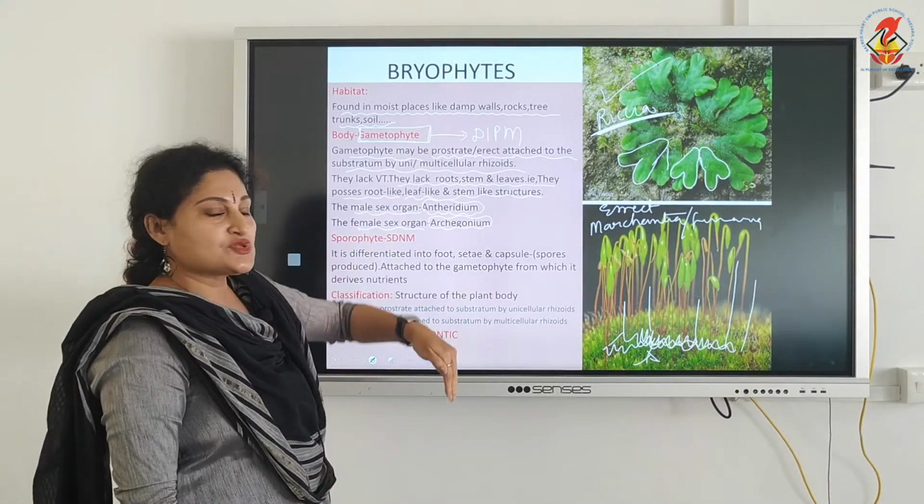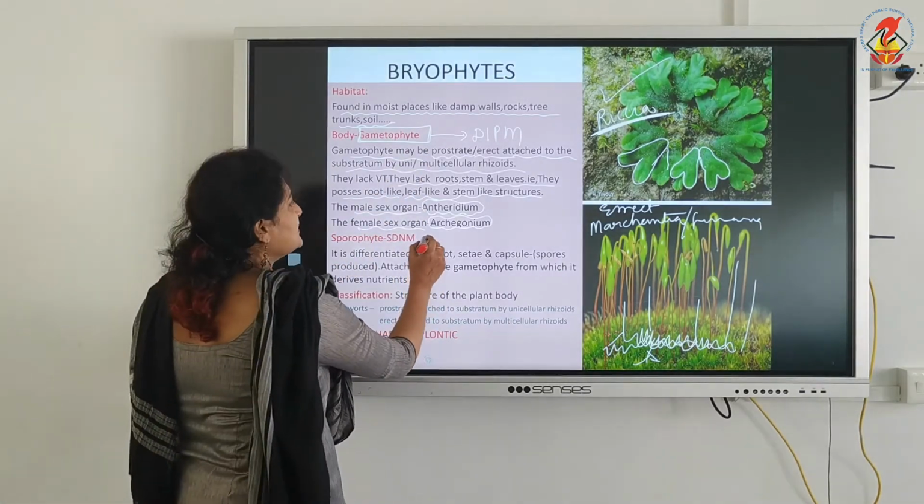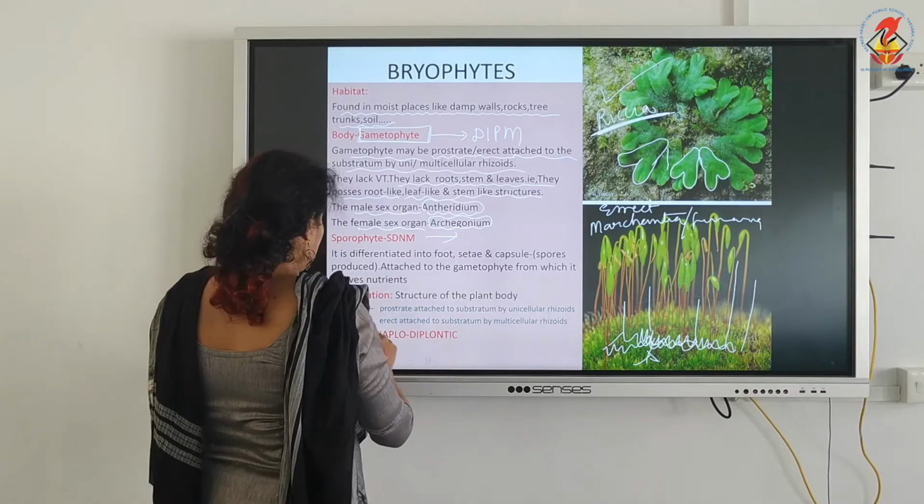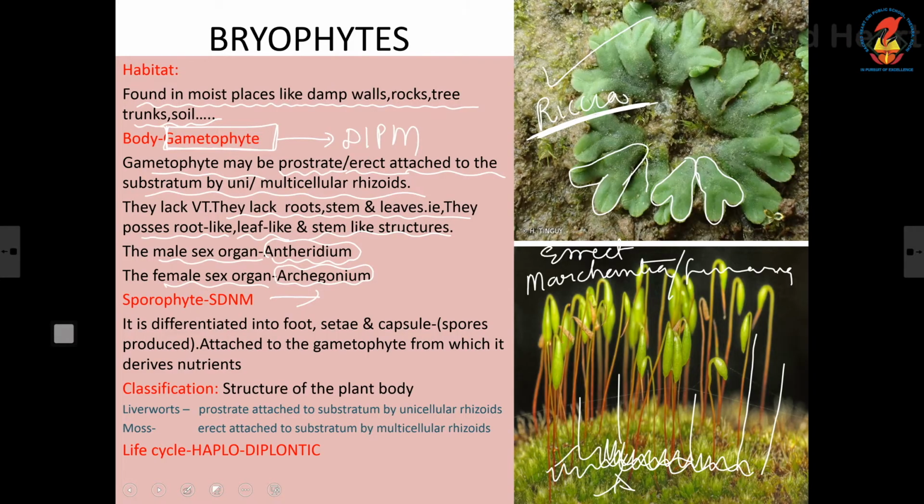So now we are going to speak about the sporophyte, which should be just the opposite. We have learnt now: short-lived, dependent, non-photosynthetic and unicellular.